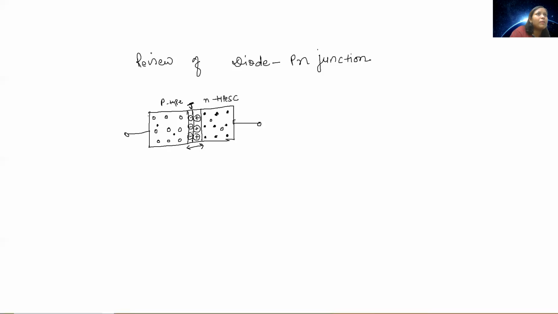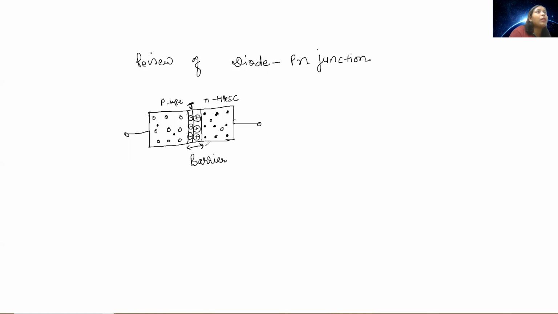This is called the depletion layer, or just because they cannot move, it is called the immobile ion region. This is also called a barrier region, and this barrier region requires a certain potential to overcome it, and therefore it is called potential barrier.